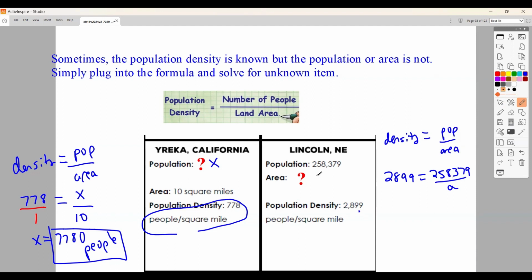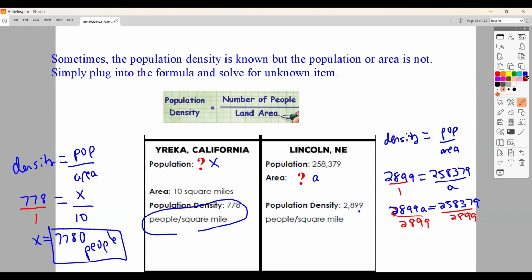So I'm going to cross multiply. Like I've always taught you, you put a 1 down here. You can do it other ways, however you're more comfortable with. When you cross multiply, 2899A equals 258,379. Now we're going to divide both sides by that 2899 number.